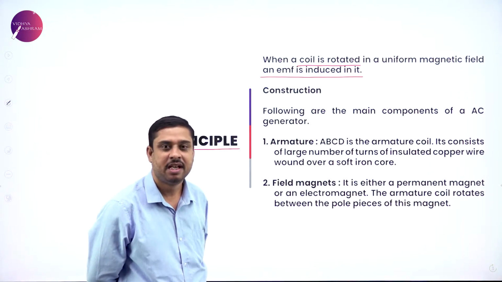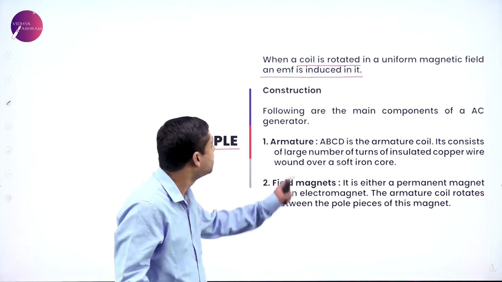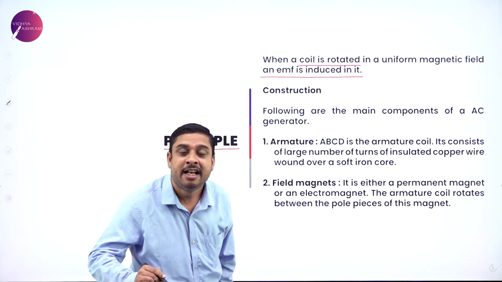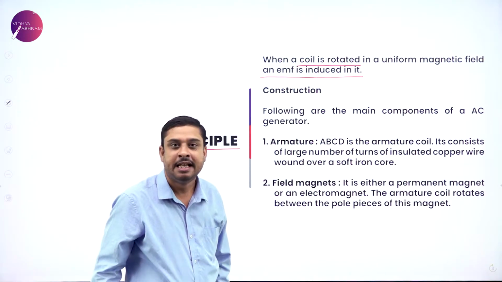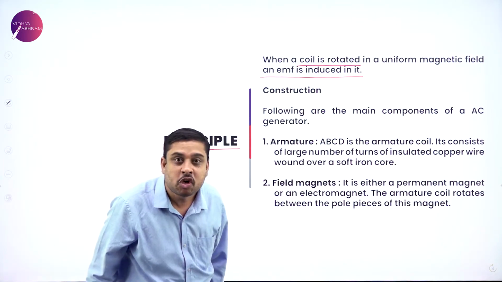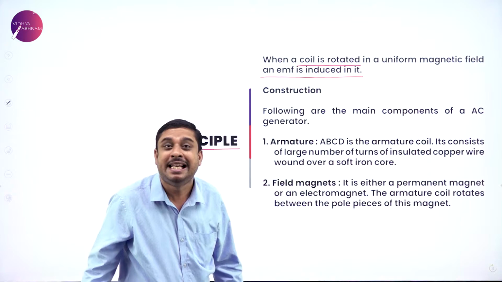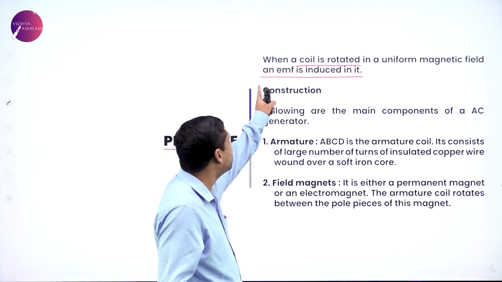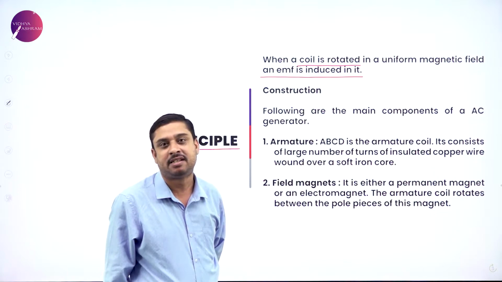So, my dear students, the principle of working says that when a coil is rotated in a uniform magnetic field, there is a torque developed. Because of this torque, the magnetic flux linked with the coil is changed. The moment magnetic flux changes, there is an EMF induced in it.